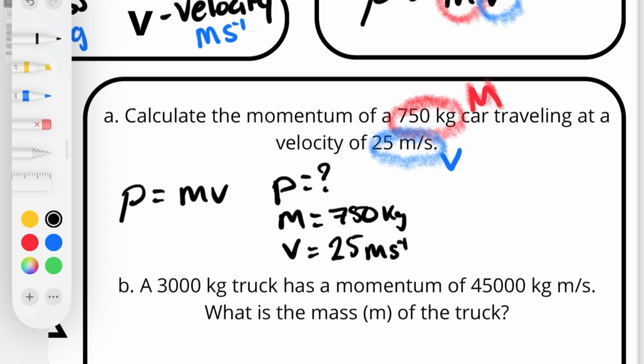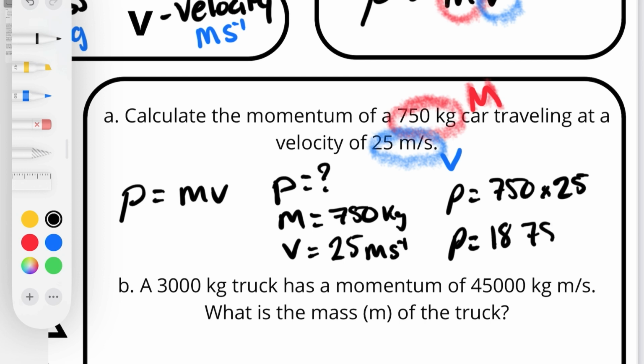So then it's as simple as looking at our calculator, and we're going to do P equals 750 times 25. So P equals 750 times 25, 18,750 kilogram meters per second.